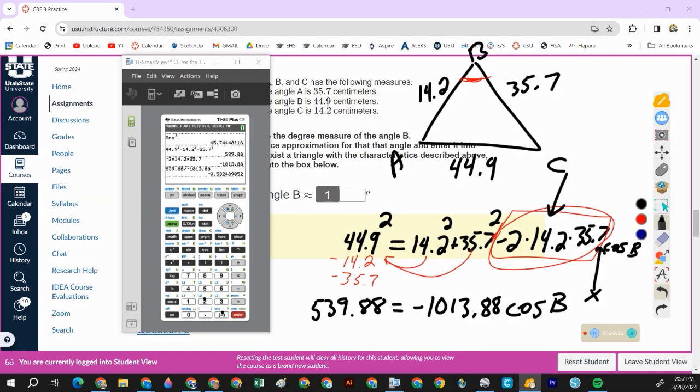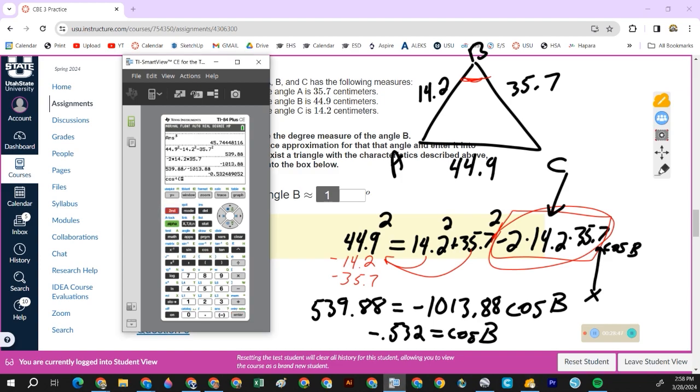And I get negative 0.532 equals the cosine of B. So we invert the cosine of the answer, and I get 122.2 degrees. So this is 122.2.